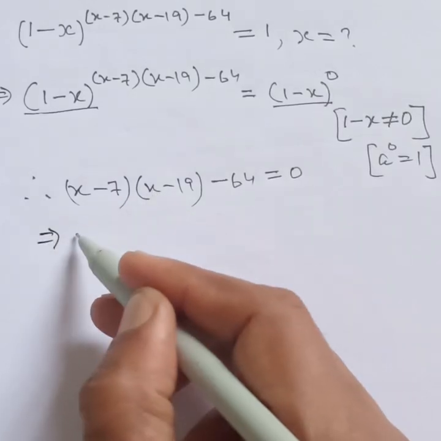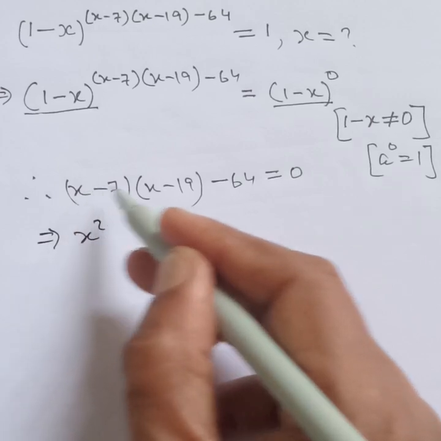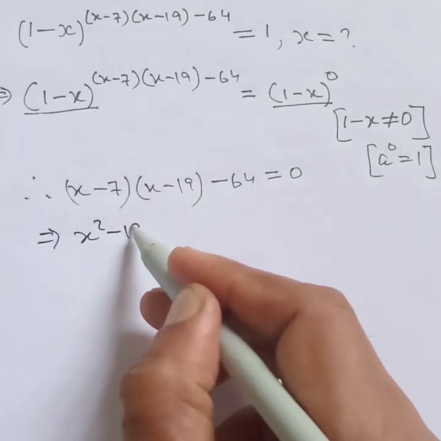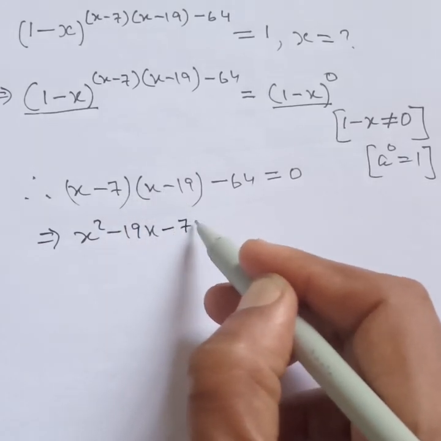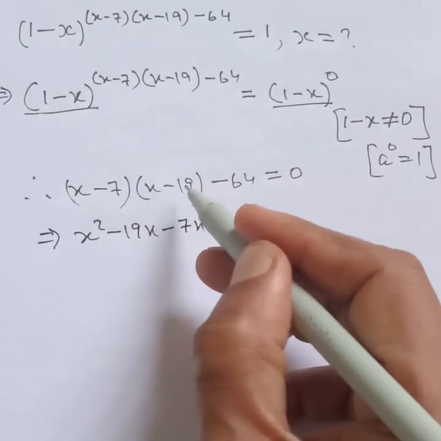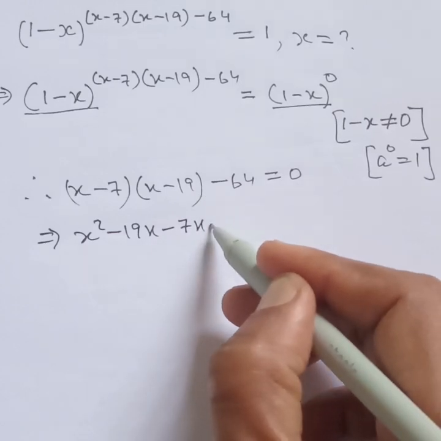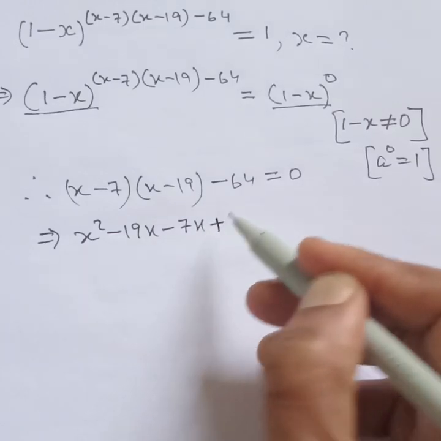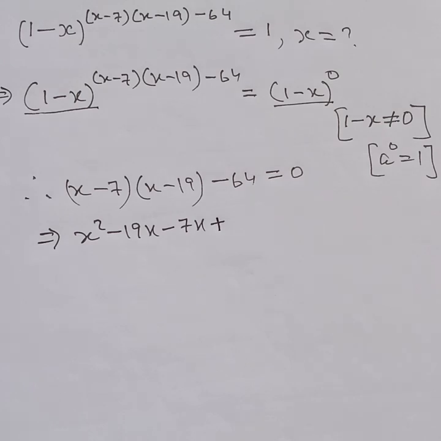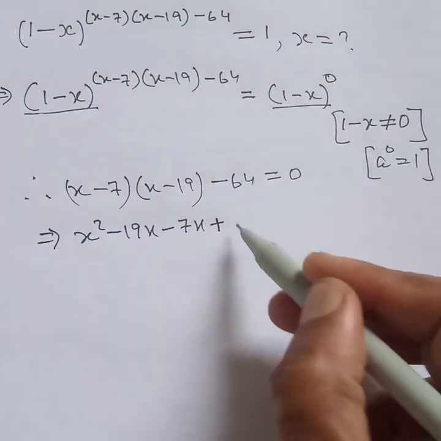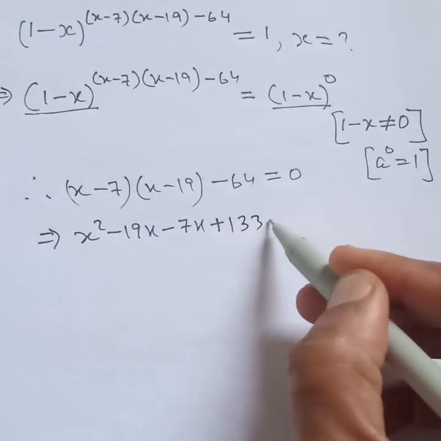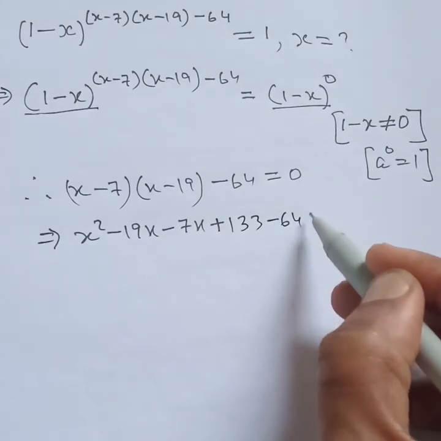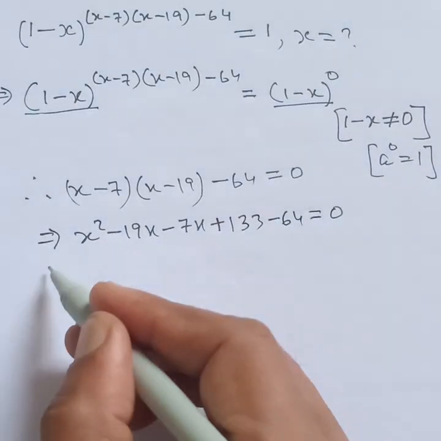x into x square, x into minus 19, minus 19x, minus 7 into x, minus 7x, minus 7 into minus 19, plus 133, minus 64 is equal to 0.